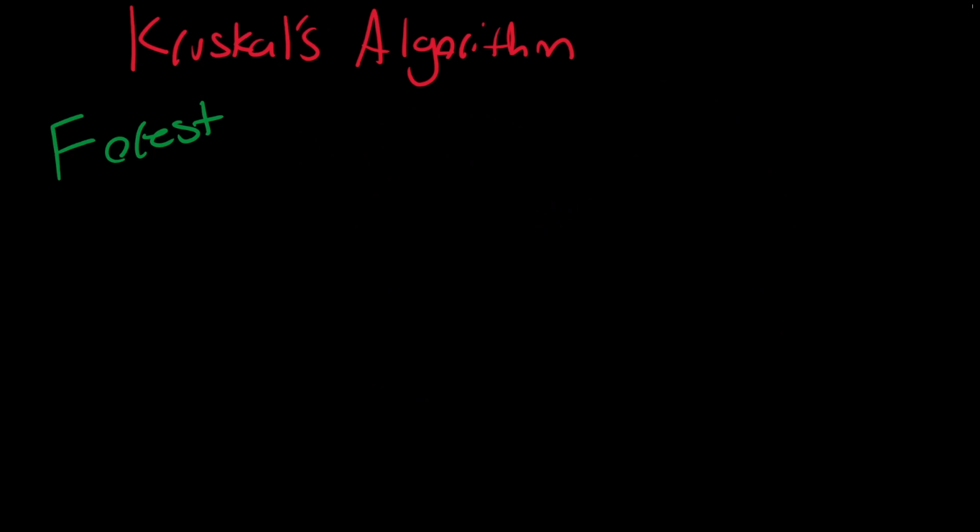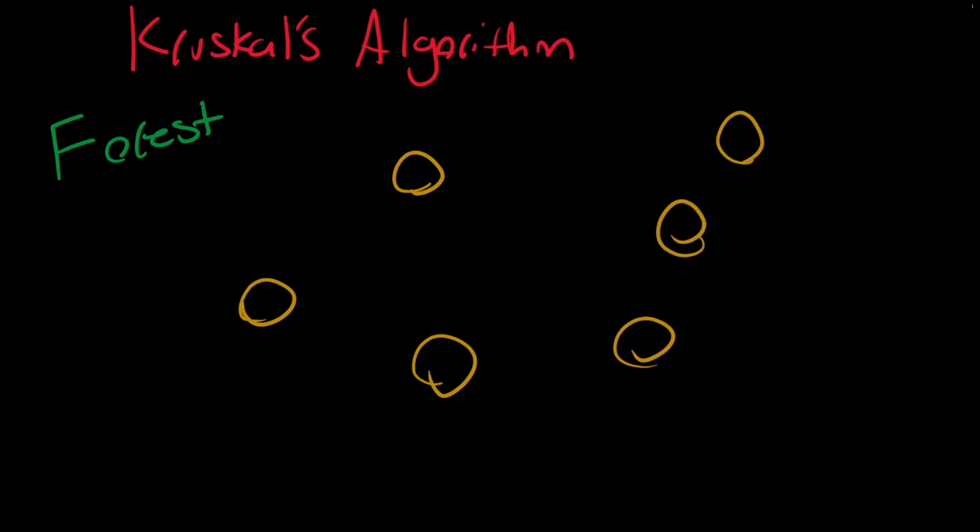It's going to start out as n disjoint nodes, and we're going to sort the edge weights. So if these were all the edge weights, we're going to sort them from smallest to largest.